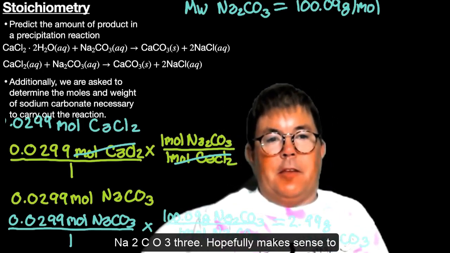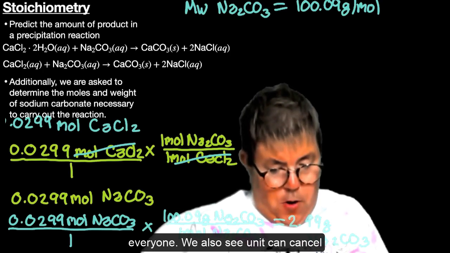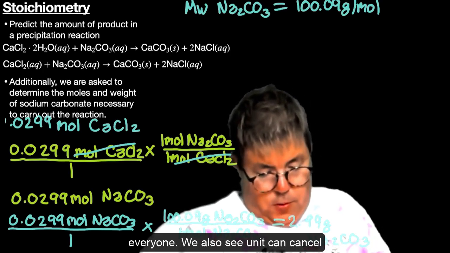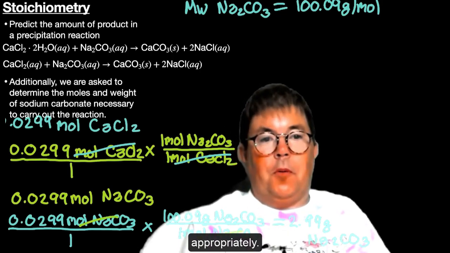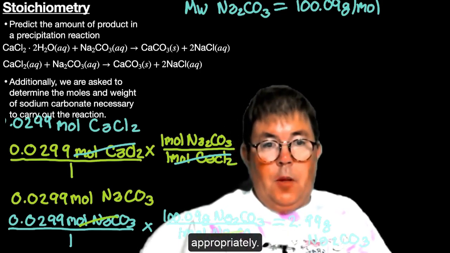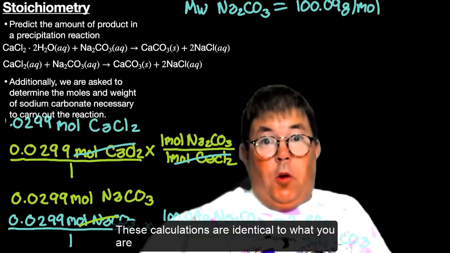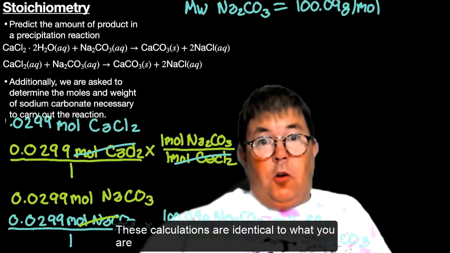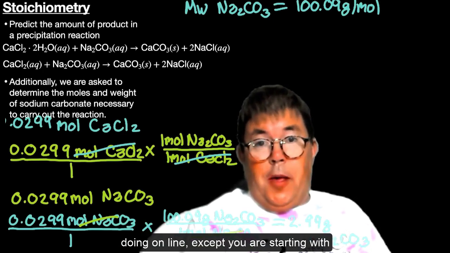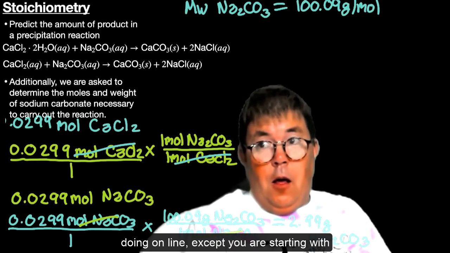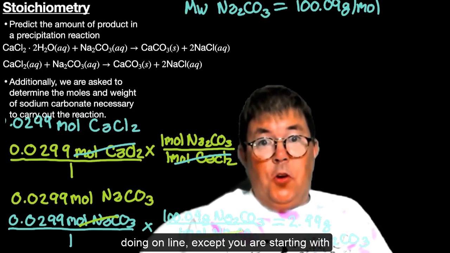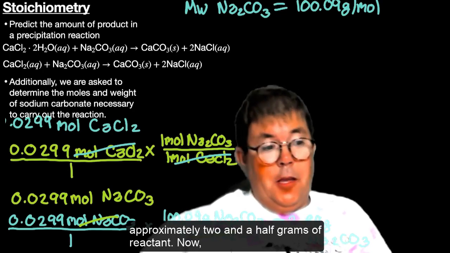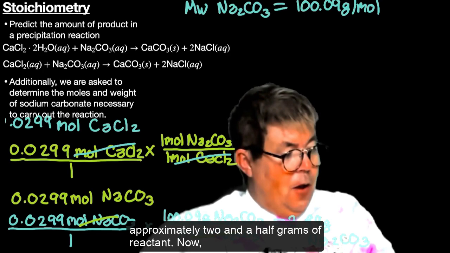Hopefully that makes sense to everyone. We also see units cancel appropriately. These calculations are identical to what you are doing online, except you are starting with approximately 2.5 grams of reactant.